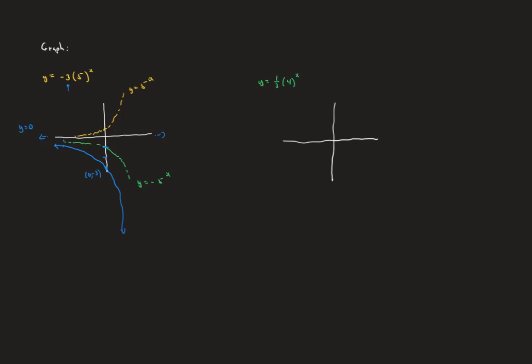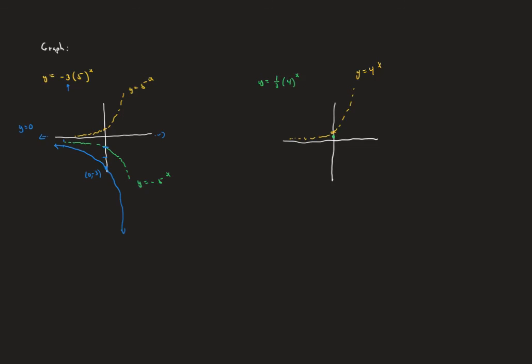Let's see what happens on the next one. So our 4 to the x is going to be our basic exponential growth function. So there's 4 to the x. Multiplying by the 1/3 is going to multiply every y value by 1/3.